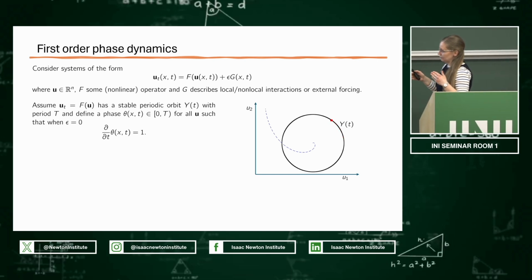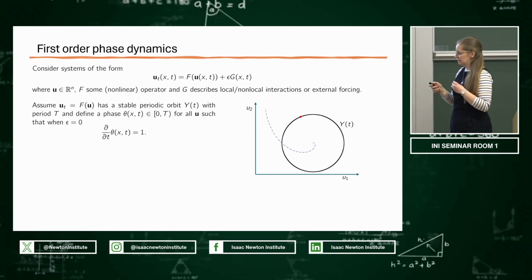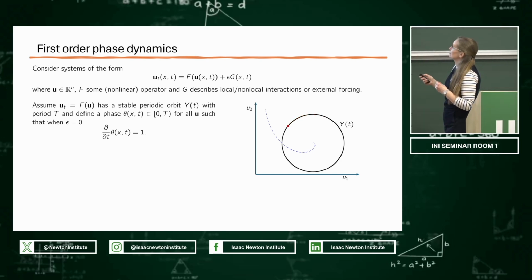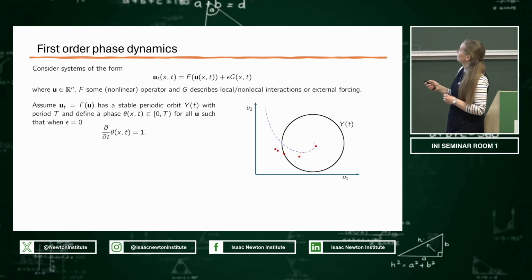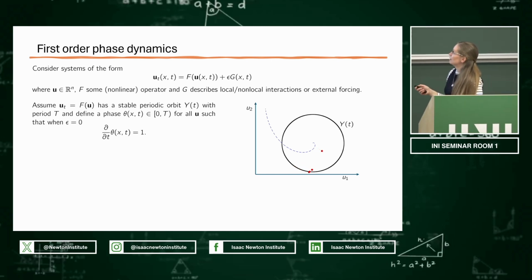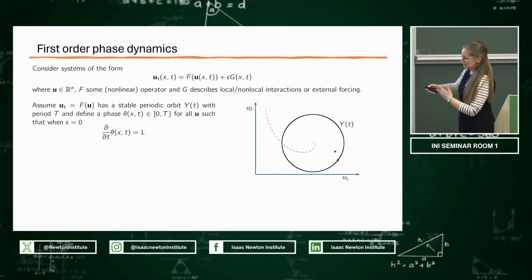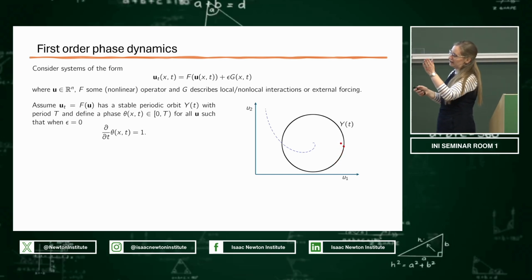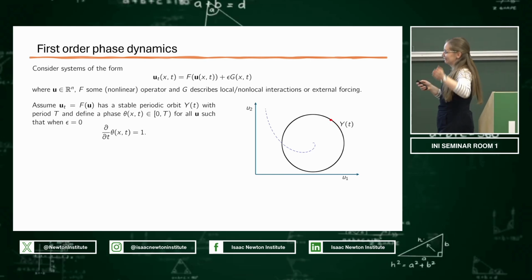Then we can define this phase on this limit cycle Y everywhere. If you're on the cycle, then it's obvious how you do that. If you're off cycle, then you define the phase asymptotically. If you start off cycle, then you get attracted to the cycle, and the asymptotic phase is basically the point on the cycle where you get back onto the cycle.